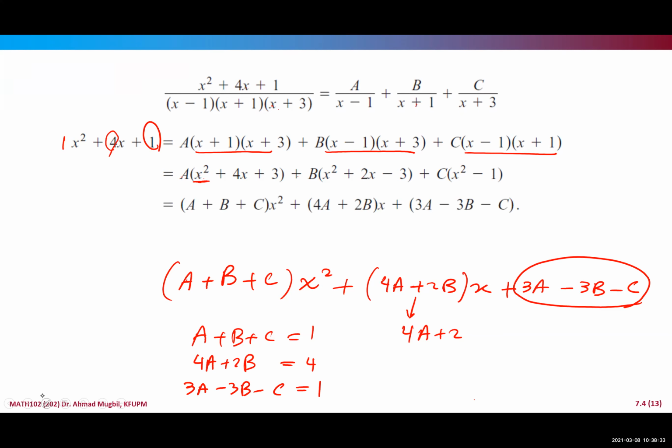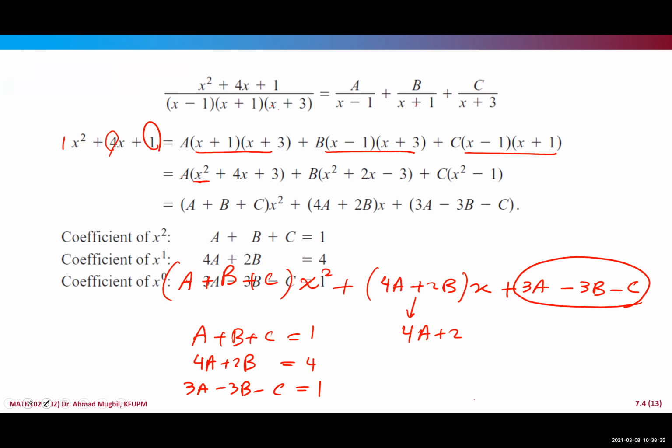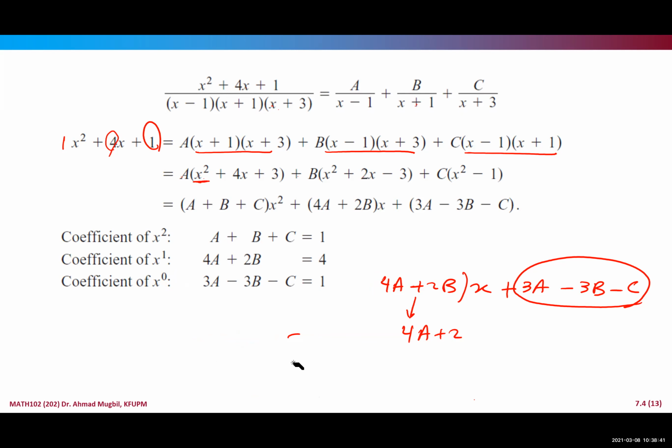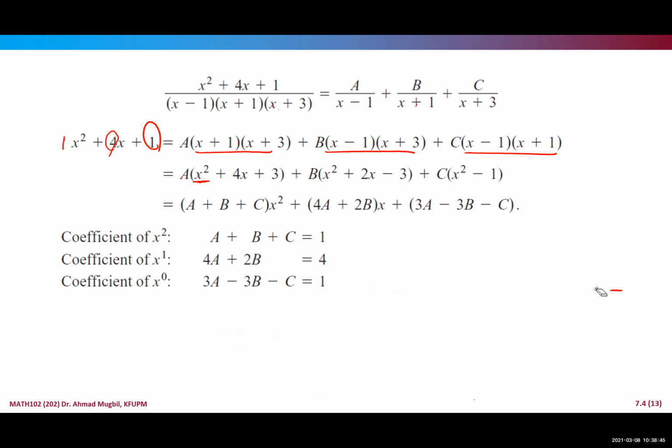In this case, we have a linear system with 3 equations and 3 unknowns, 3 variables. Do you recall how to solve this from MATH102? You can use Gaussian elimination, you can use the augmented matrix, you can use the inverse matrix. There are many methods to do that.